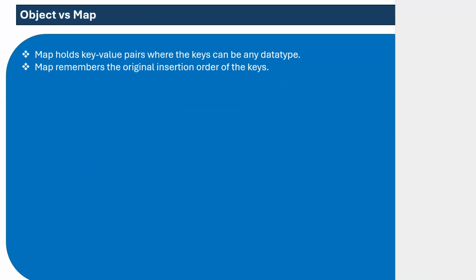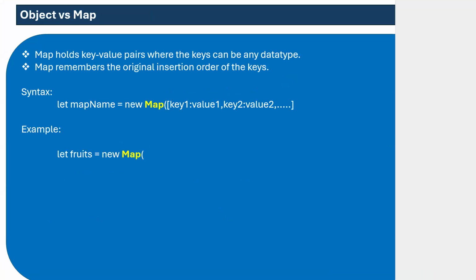Next, map. A map holds key value pairs where the key can be any data type. And the second point, map remembers the original insertion order. That is the only difference, guys. Now if you run this code, I created a map here, and if you print this map, it will definitely return orange, banana, apple.